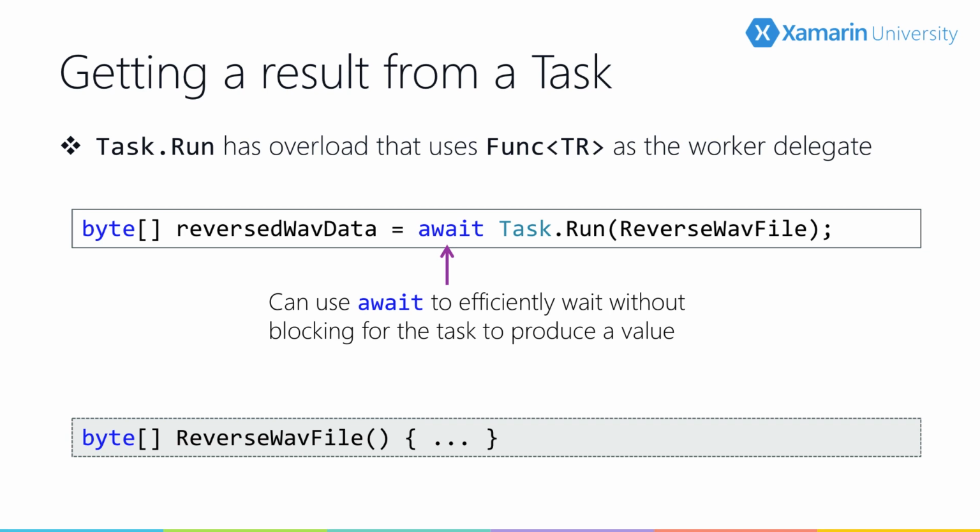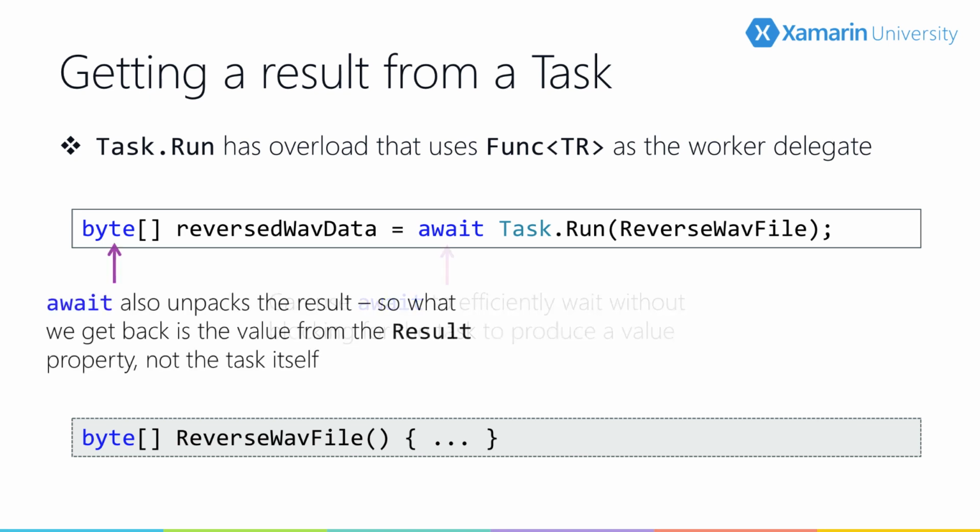And using await does not only allow us to efficiently and asynchronously wait for the task to complete, it also extracts the return value. Now, if you look at this, we don't even have to use the Result property at all.